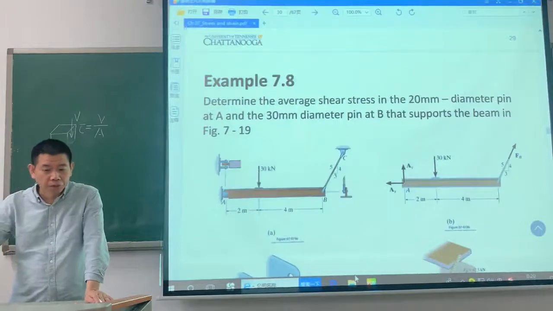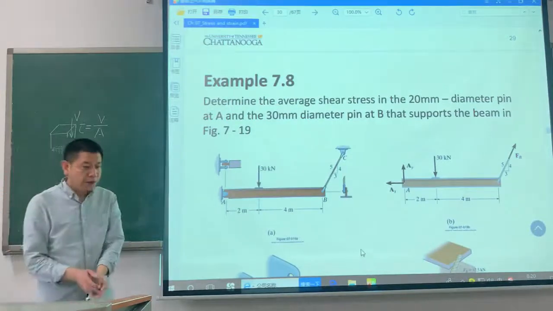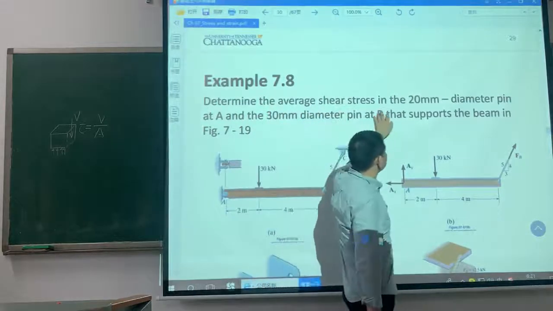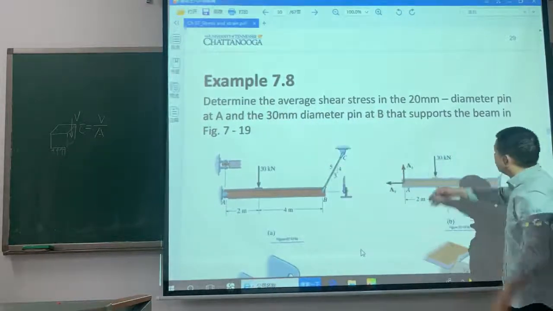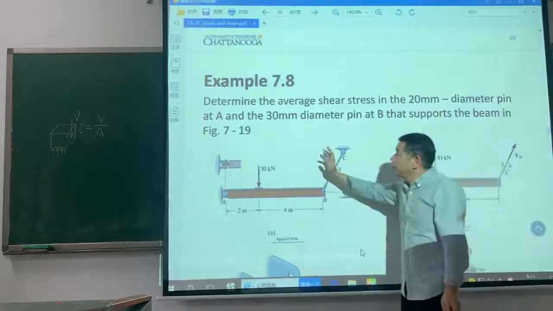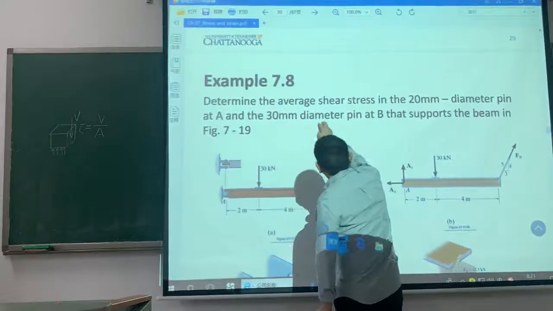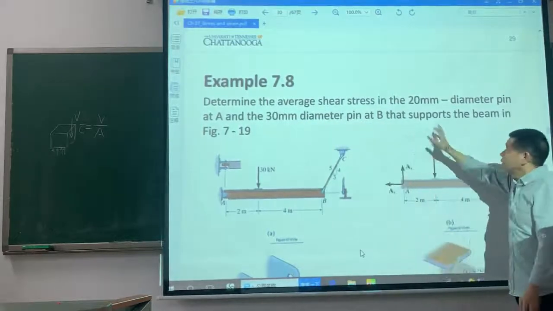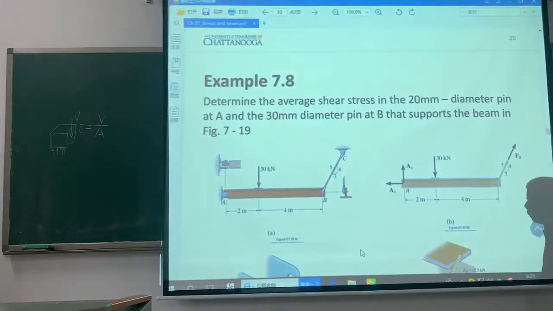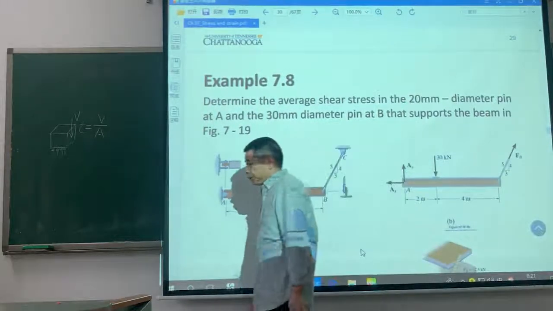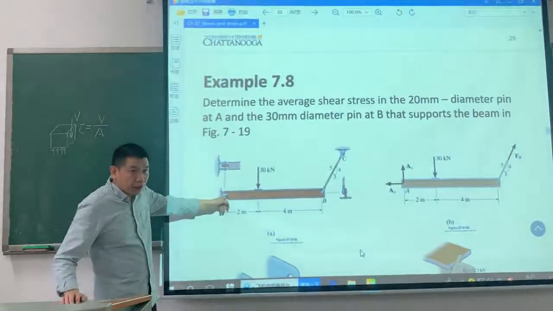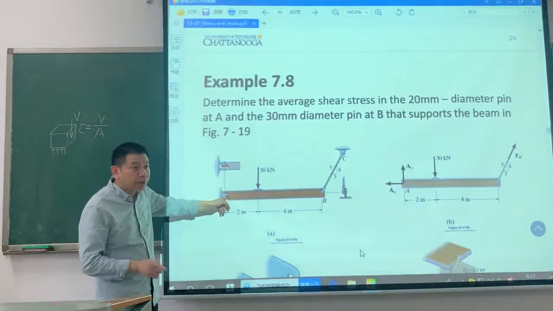Here is an example. Let's explain it. Determine the average shear stress in the 20 millimeter diameter pin at A and the 30 millimeter diameter pin at B. At point A, here is a pin.